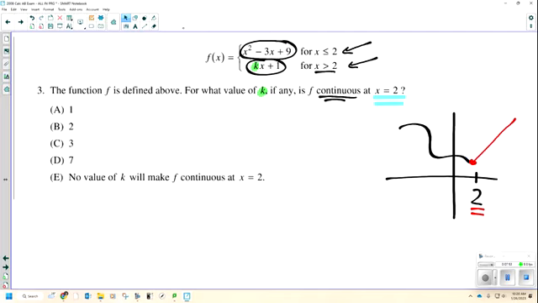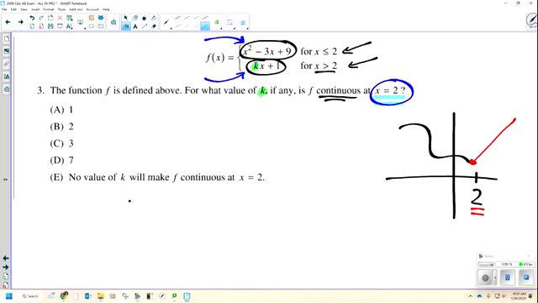So what I'm going to do is plug 2 into both the top and bottom. Got to throw an x value of 2 because that's what they're asking us to check. And we need to figure out what value of k will make them have the same output or y value. Let's start with the top one.